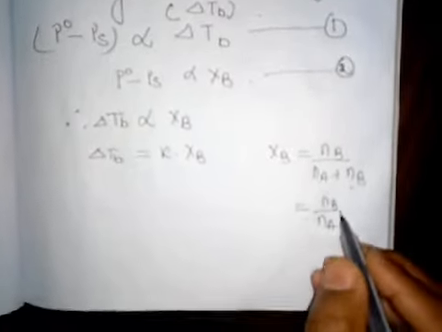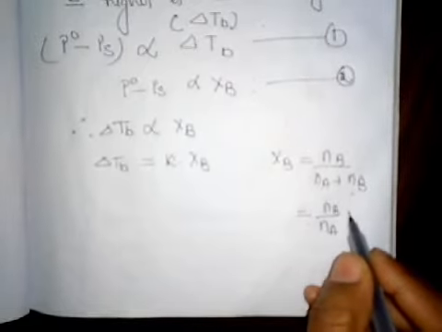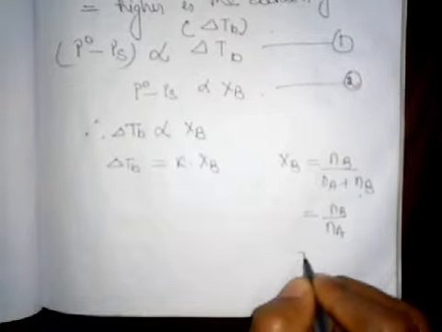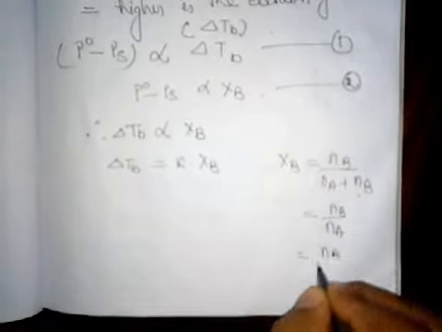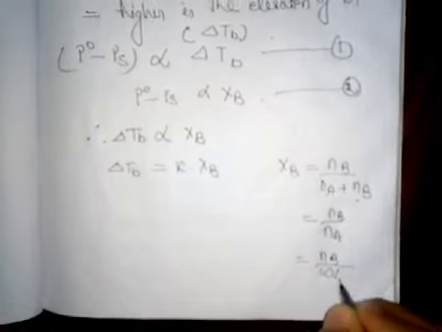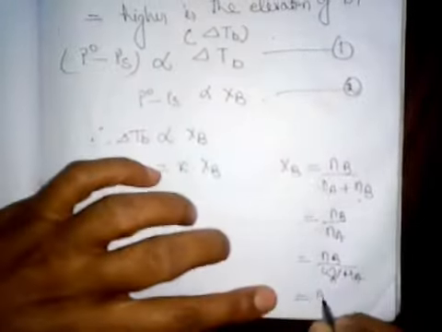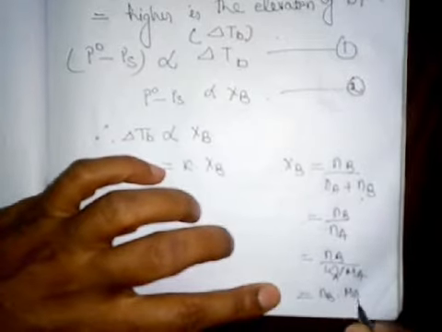When we express Nb as Wb by Mb and Na as Wa by Ma, we can write this as Nb into Ma by Wa.